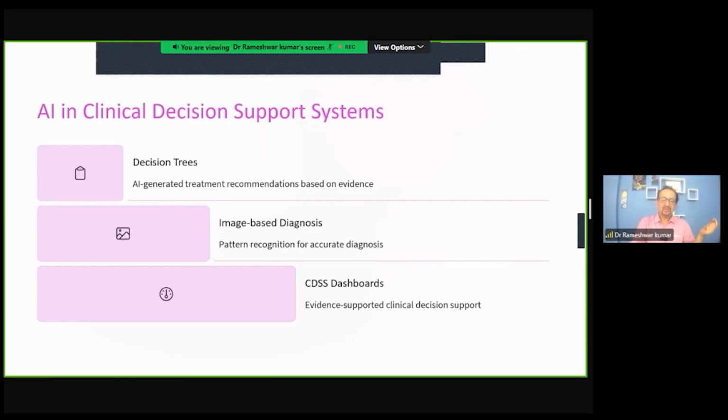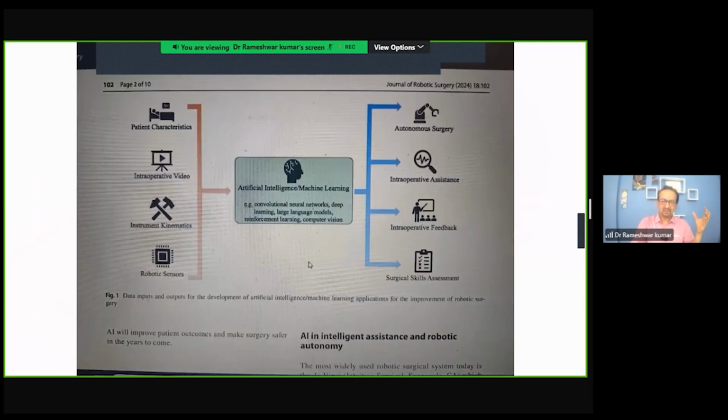AI can also be used in clinical decision support systems, especially in orthopedics, and in surgery also, it works like a co-pilot to guide you regarding what you are doing, whether it is good or what you are doing wrong, based upon patient characteristics, intraoperative videos, instrument kinematics, and robotic sensors.